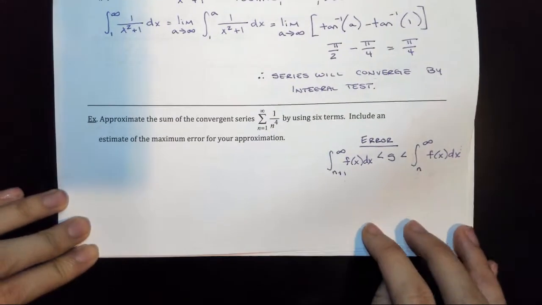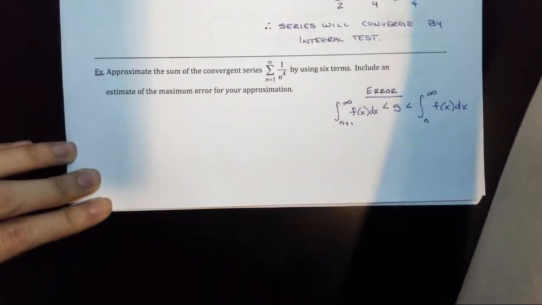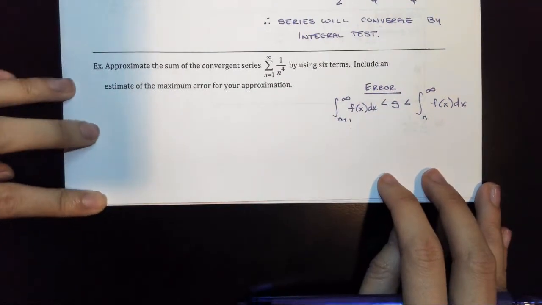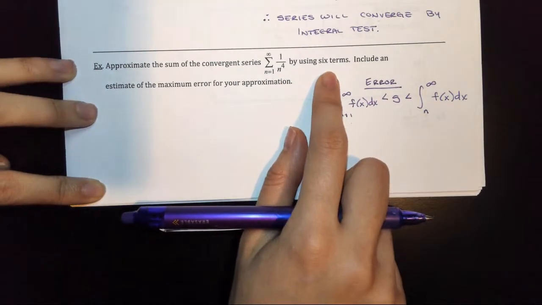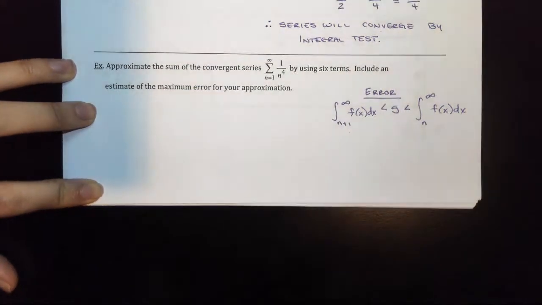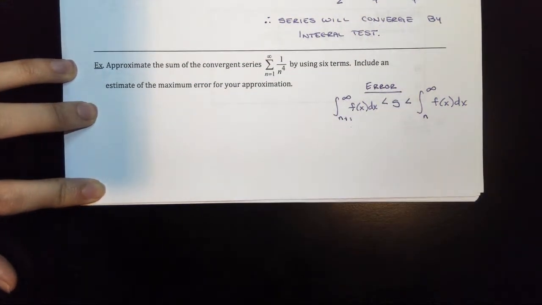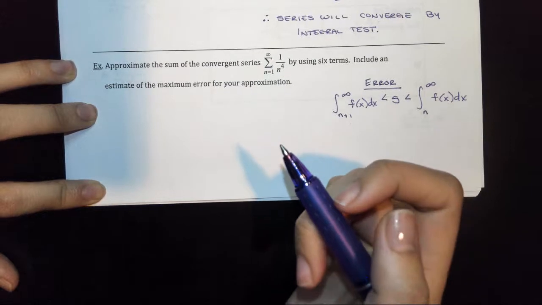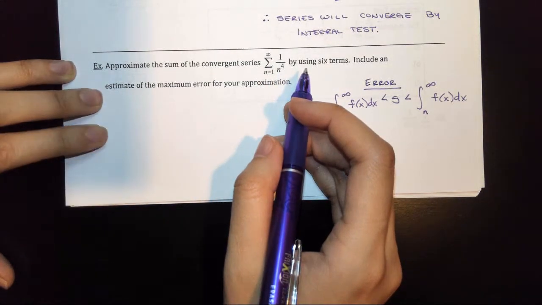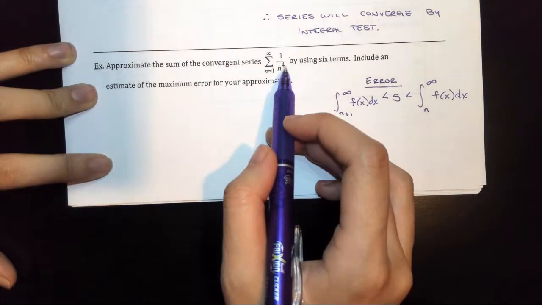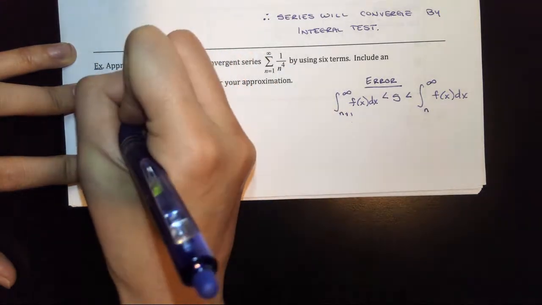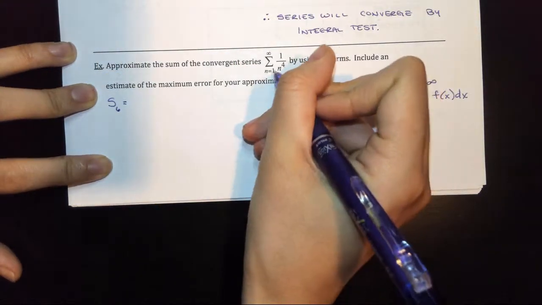Actually, we're going to just finish this. So what we're going to do is find the sum of 6 terms. Sorry, I had to go grab my calculator, and I think it's better if we just finish this problem. So we're going to first find the sum of up to 6 terms, which will be plugging 1 in.